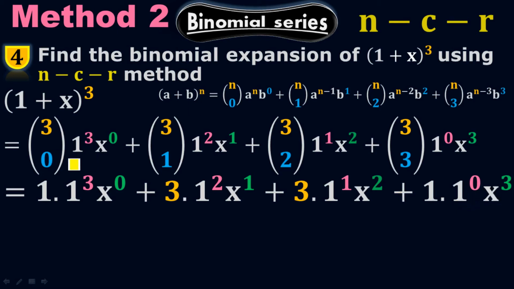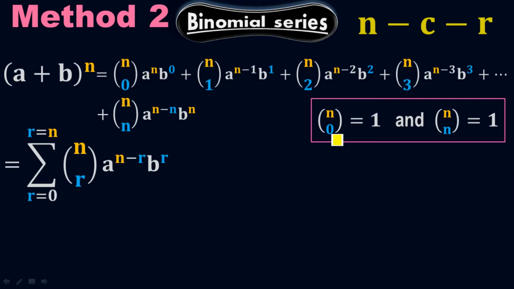Now we know that if r equals 0, then the expression for the first coefficient will be 1. So we have the product of 1 with the first term. Similarly, if n equals r, then it equals 1. I just told you that if r equals 0, no matter what value you have for n, which is the power, it doesn't matter, n choose 0 equals 1.